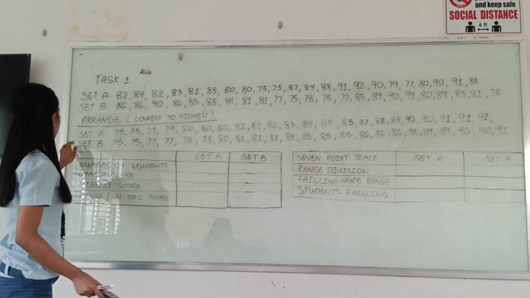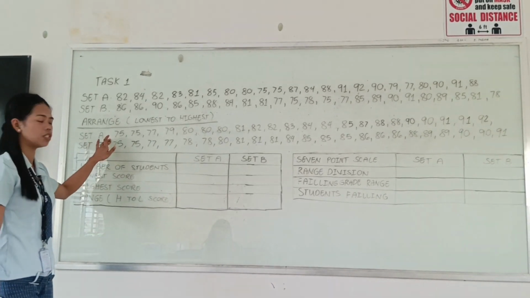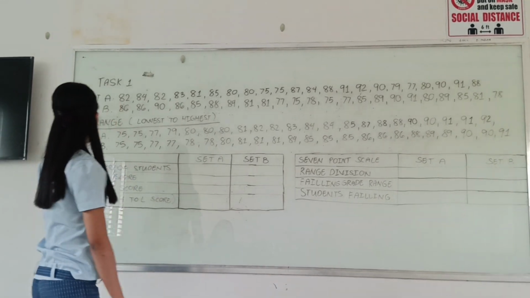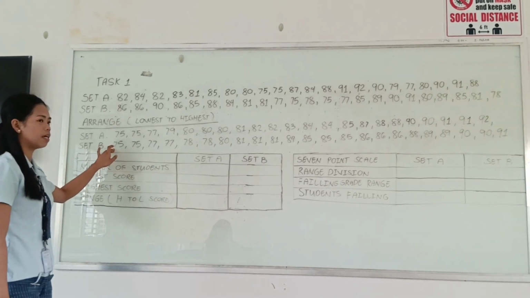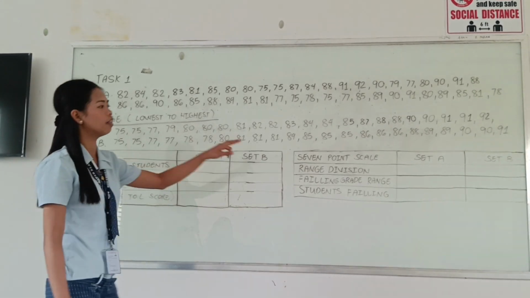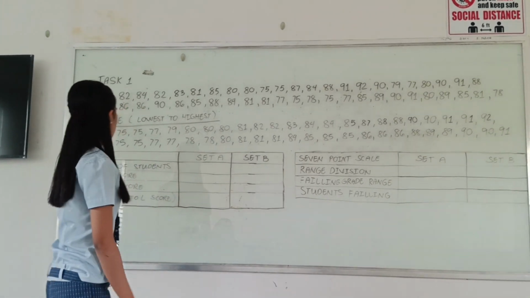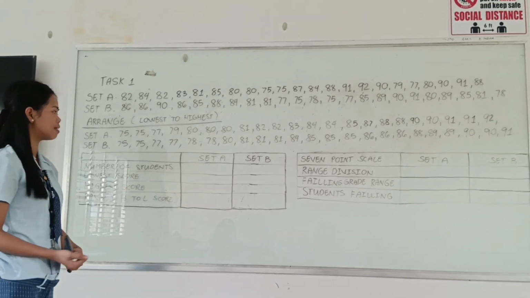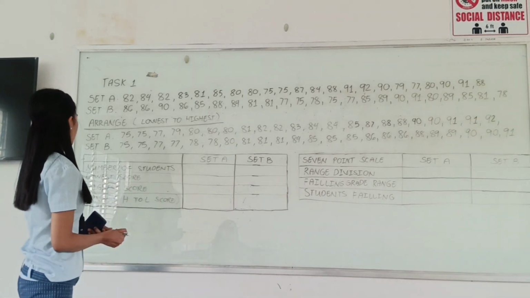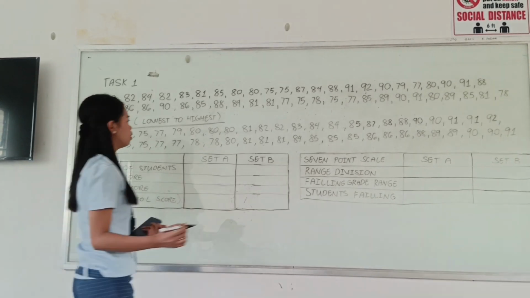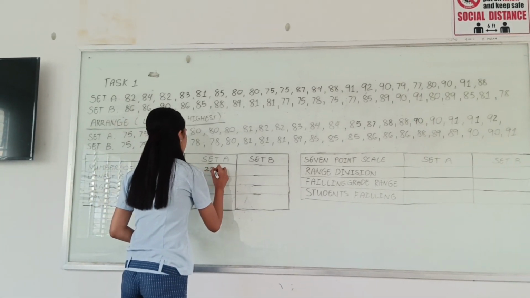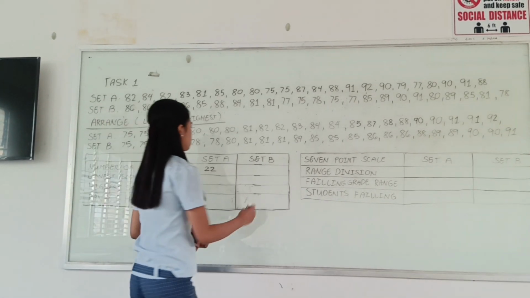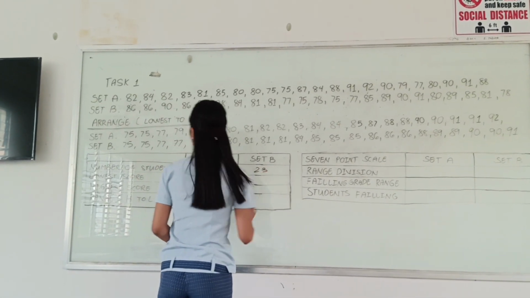In set A, 75 is the lowest score and 92 is the highest score. In set B, 75 is the lowest score, while 91 is the highest score. Now we're going to get the number of students: set A consists of 22 students, while set B consists of 23 students.